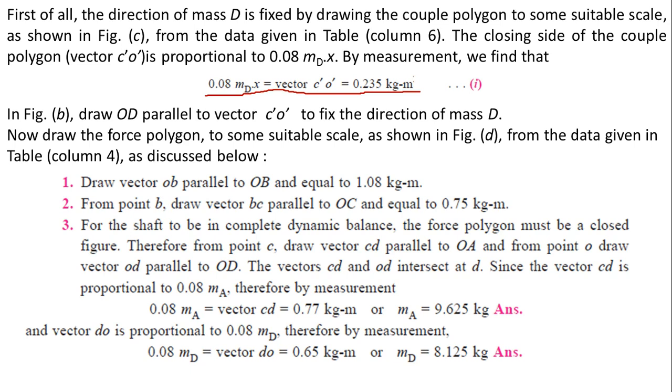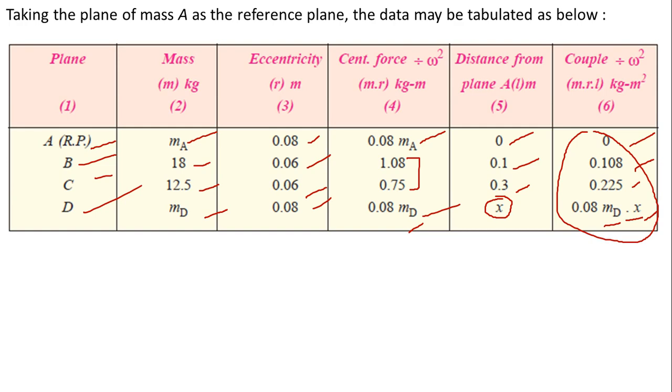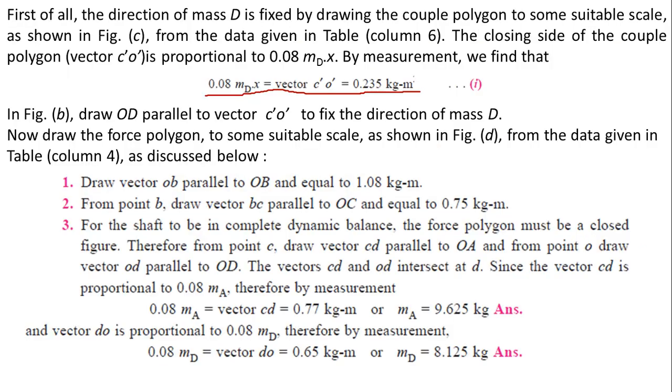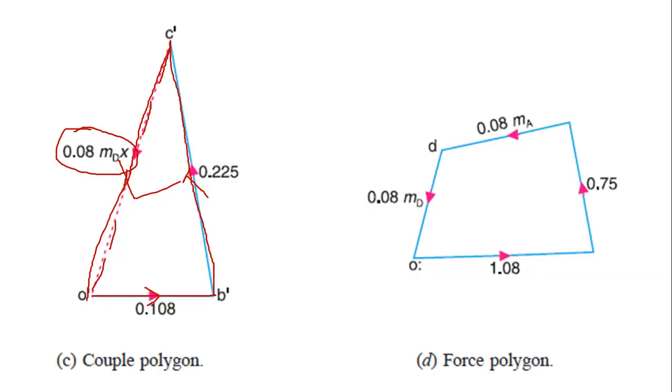Then the next step, you have to draw the force polygon. So given the values, you try to draw the force polygon. So whatever values are there, you try to draw it. Okay, so this is again starting from here, 1.08, then 0.75.